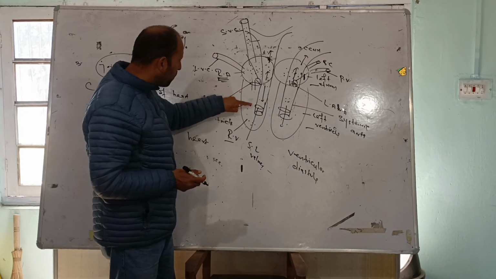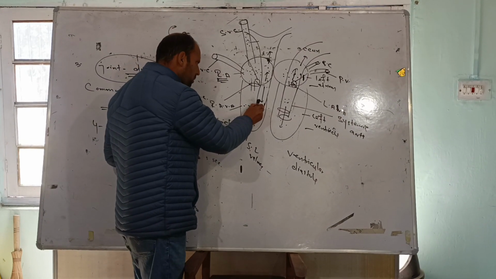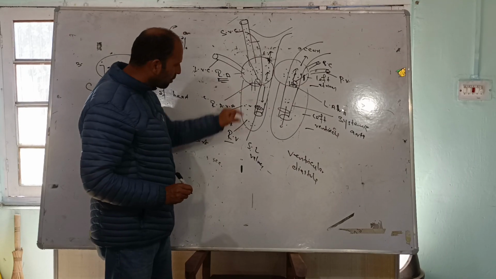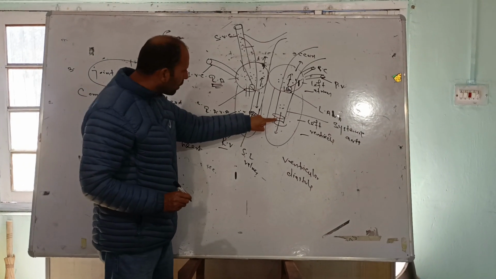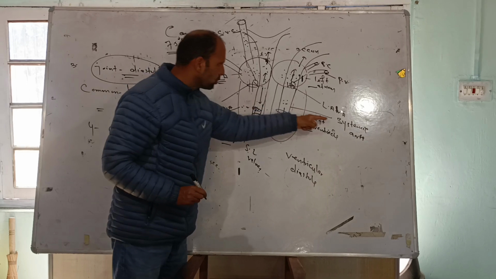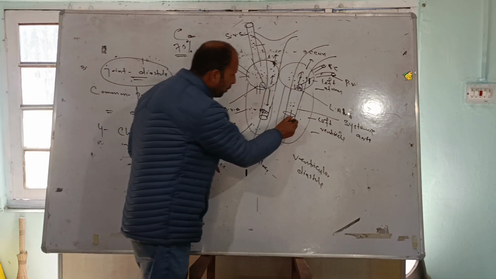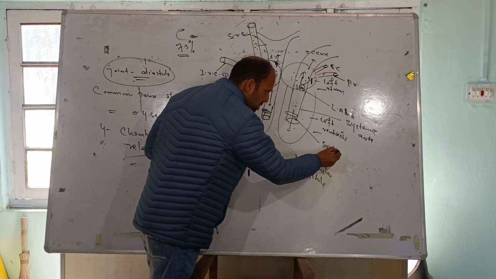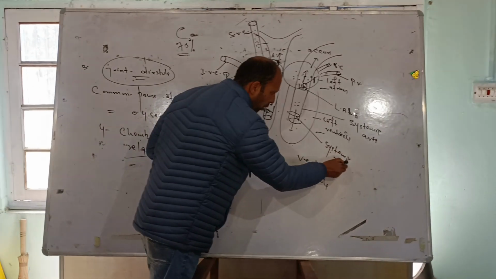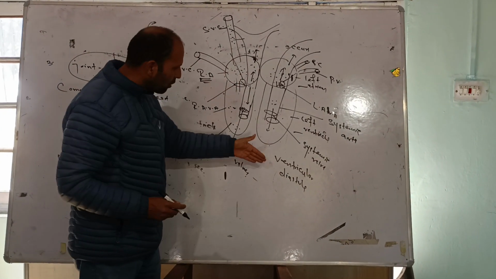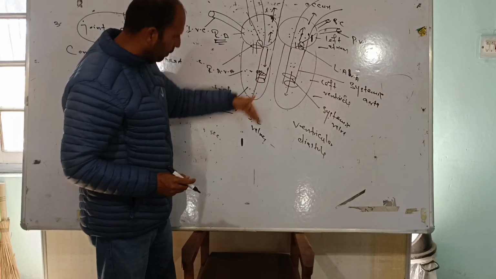We have the very important pulmonary valve in the pulmonary artery, which is made up of three semilunar valves. We also have in the dorsal aorta, also called the systemic aorta, a valve, which you can call the systemic valve. That systemic valve also closes during the ventricular diastole to prevent the backward flow of blood.